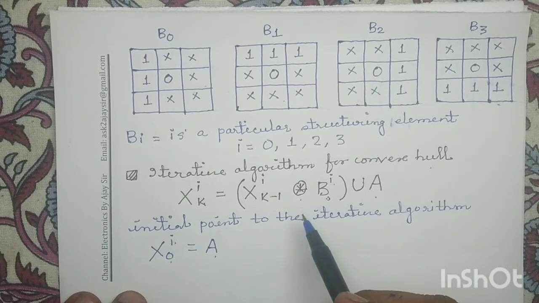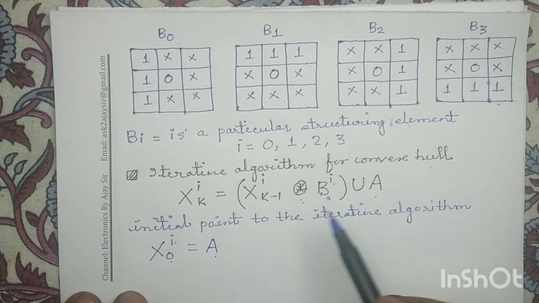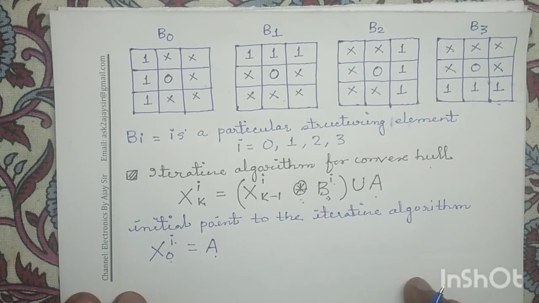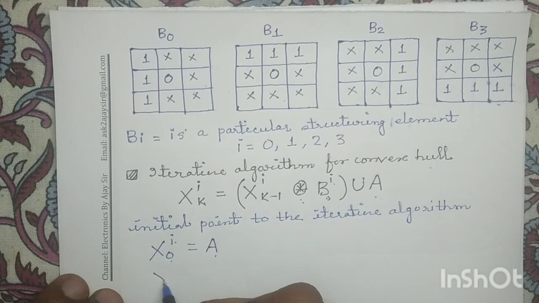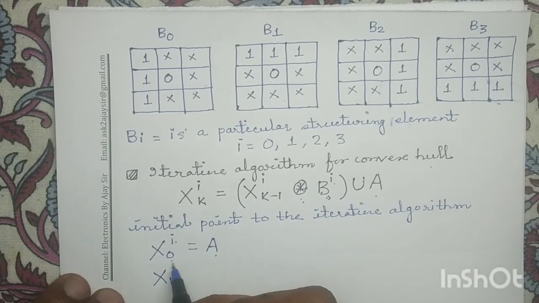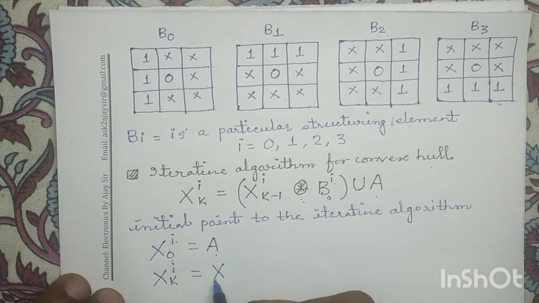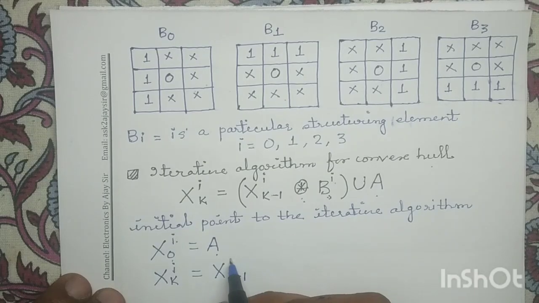Then we perform this iterative algorithm a number of times till we reach our point of convergence, that is X_k^i equals X_(k-1)^i.